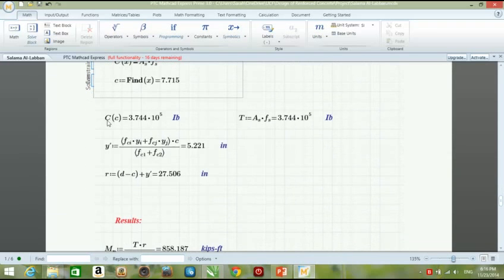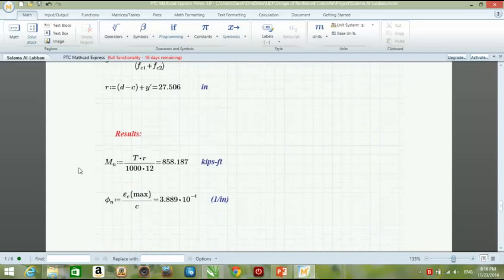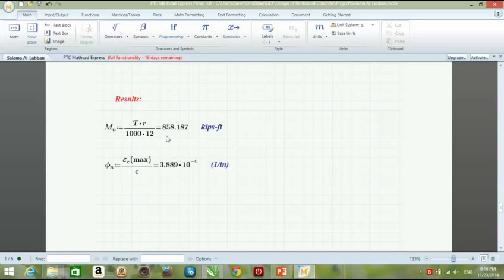And to check, the compression force will be equal to the tension force. The result of the moment and curvature will be Mn equal to 858.187 kips-foot and phi n 3.889.